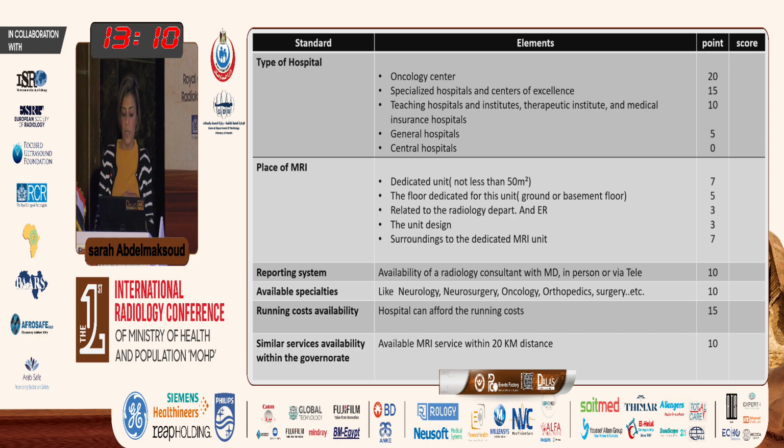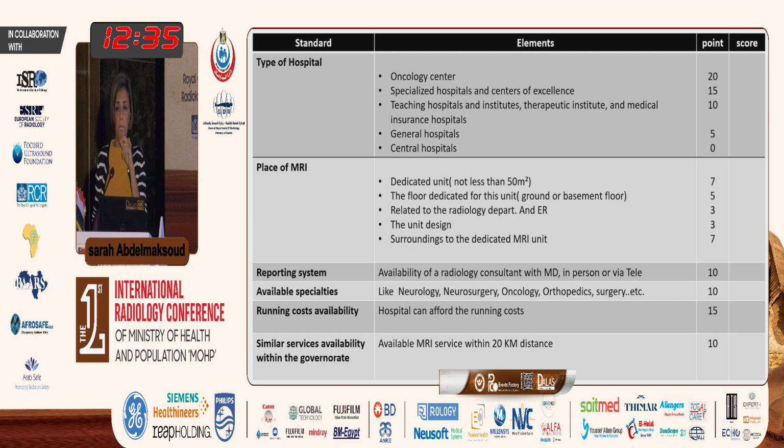And the space is considered important, not just because of the dedicated square meters, but because there are certain items that should be present in the MRI unit that would use all of this space. The MRI cage itself has to be big enough to accommodate the machine. And then there's a space for the chiller, a space for the control room, a space for the patient changing cubicles, a waiting area, and dedicated bathrooms.